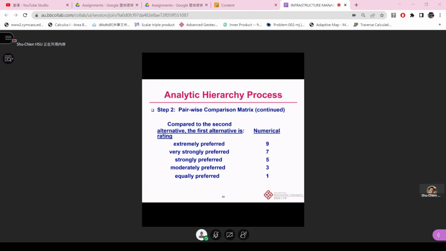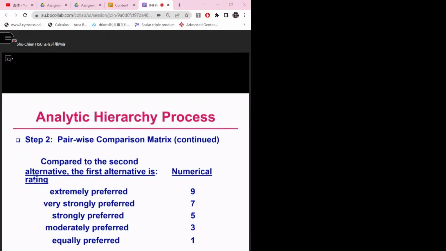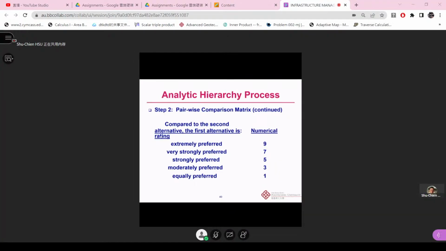Instead, it is just a numerical way to say that you prefer this alternative over another. So we don't really need to go from 9 to 1. You can still use 7 to 1 or 5 to 1. But to be honest, most AHP methods use a scale of 1 to 7. Okay, 1 to 7.